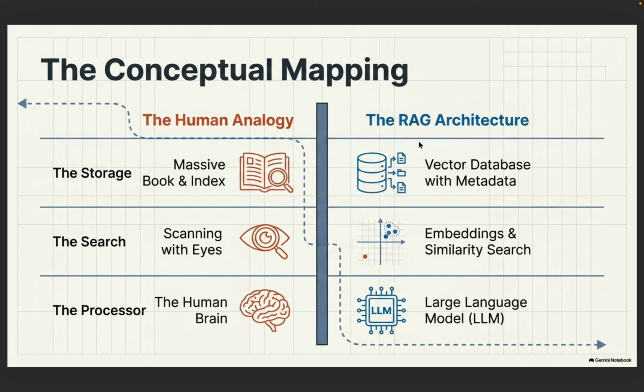Similar to that, in the RAG architecture, we will have a database with some metadata information. We will have a bunch of documents and convert them into a database, right? Then to search the relevant data, we will use embeddings and similarity search. Once we have the data, we give these details to the LLM, and the LLM will generate the answer. In simple terms, we can say it. We can discuss more about this in our coming slides.